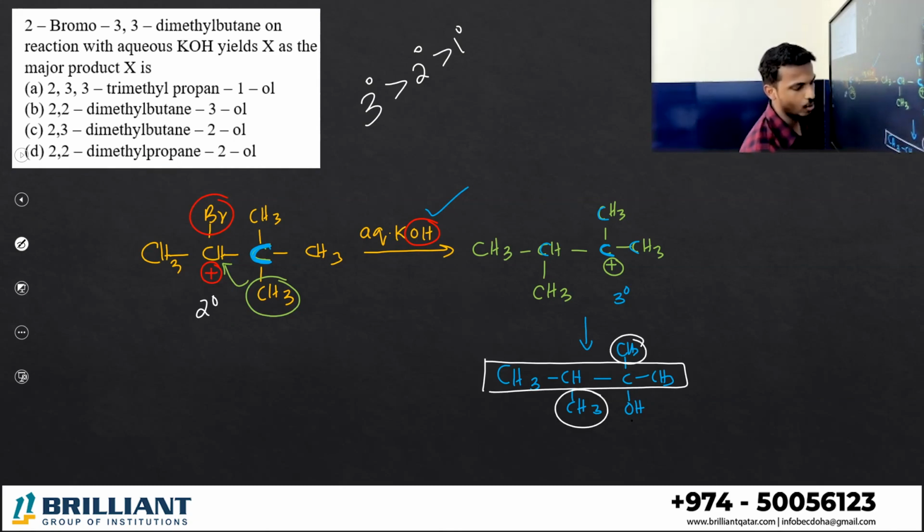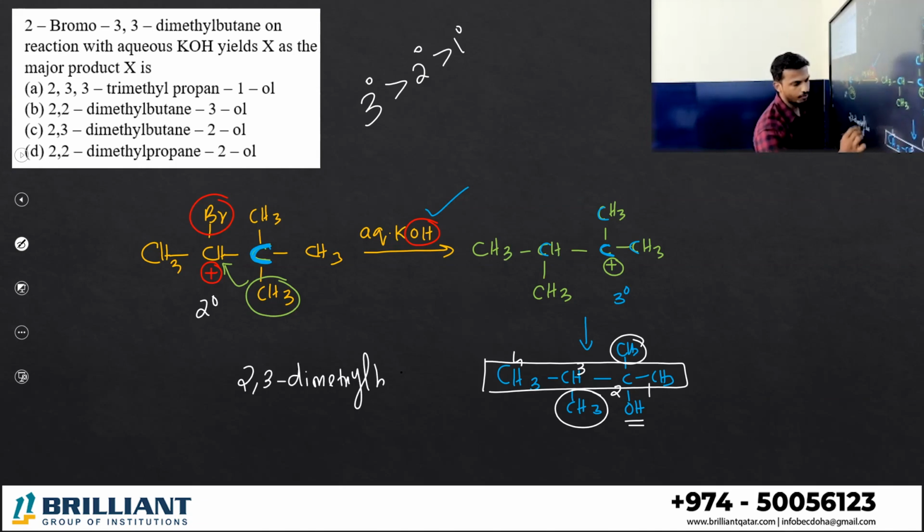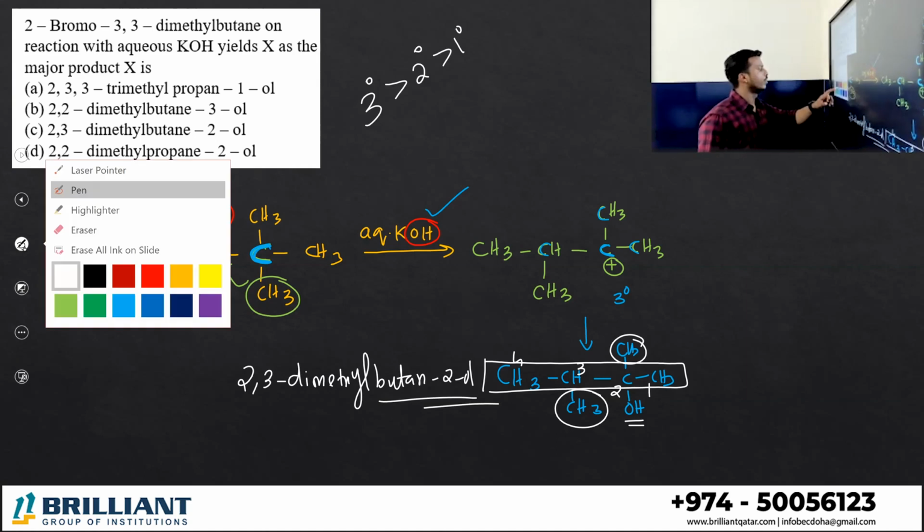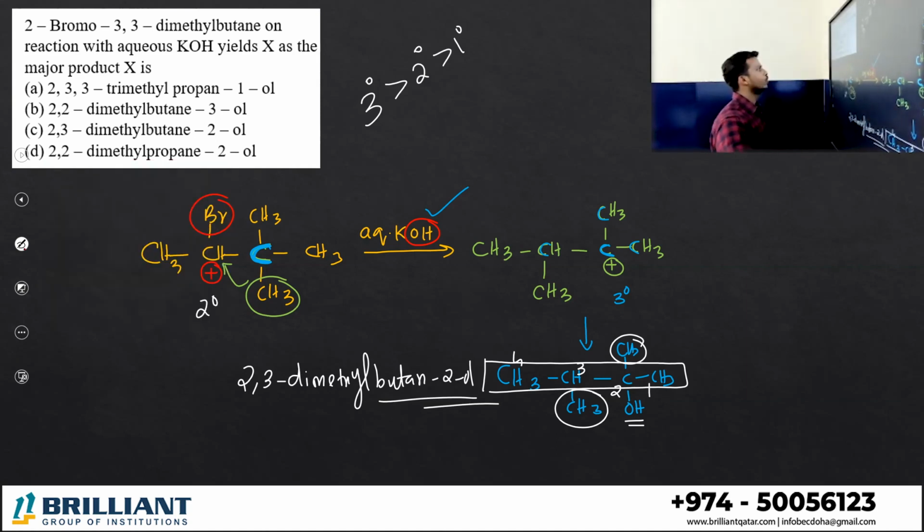OH is the major group. So number 1, 2, 3, 4. Second position and third position have 2 methyl groups. So 2,3-dimethyl, total 4 carbons, so butan-2-ol. This is 2,3-dimethylbutan-2-ol. Right? Option C is the correct one.